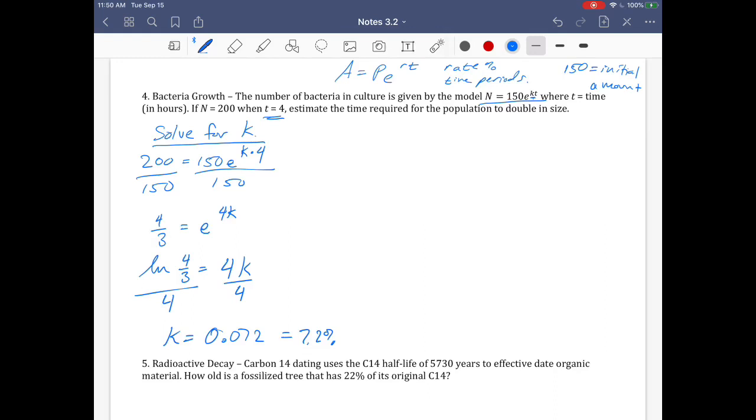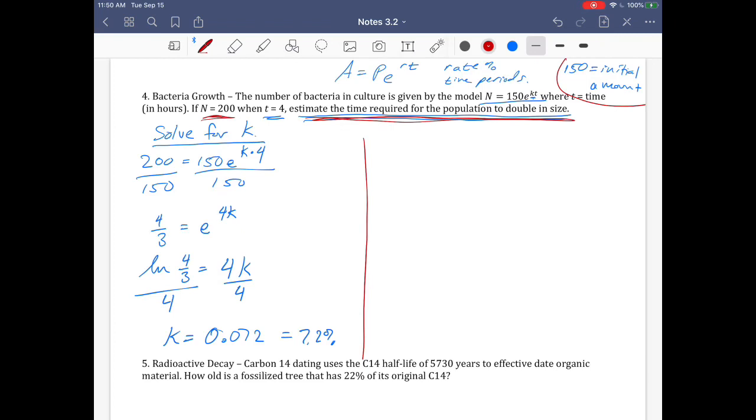So let us now look at the second part of this problem, which is to estimate the time required for the population to double in size. This is a little bit tricky, so let's keep in mind the initial amount is 150. We're not looking for how long it takes to double here. If you were, you'd have to start at t equals 4.